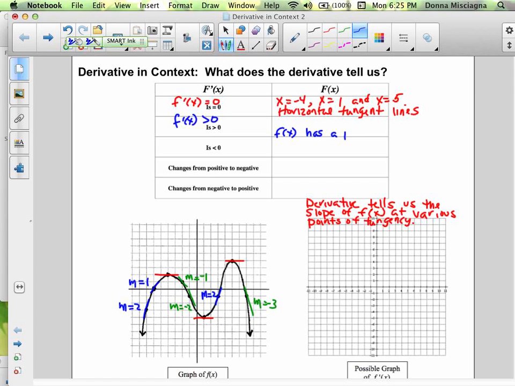It's increasing. And that's occurring at x equals negative 7, x equals negative 6, and x equals 3.